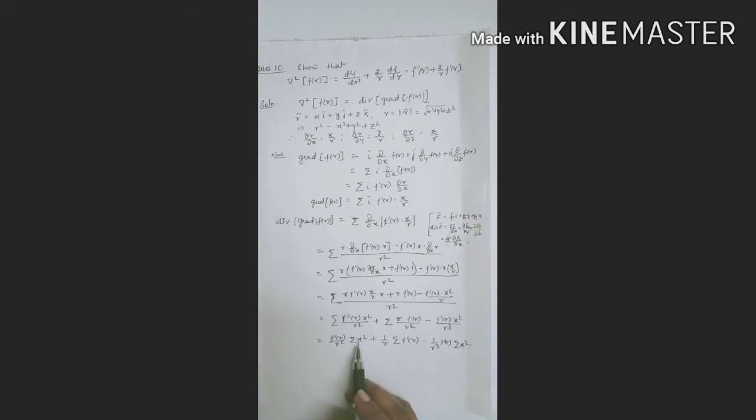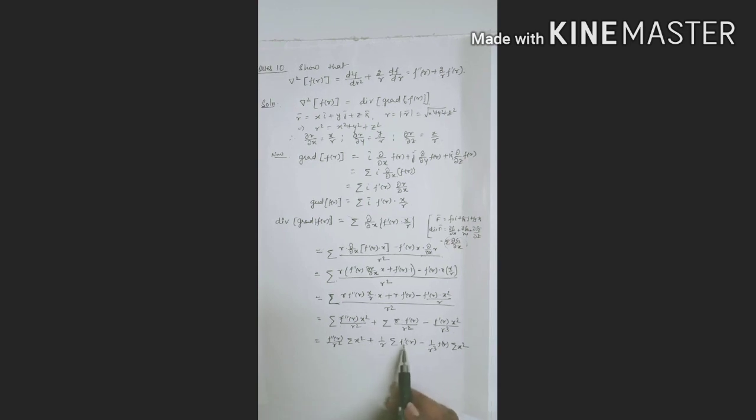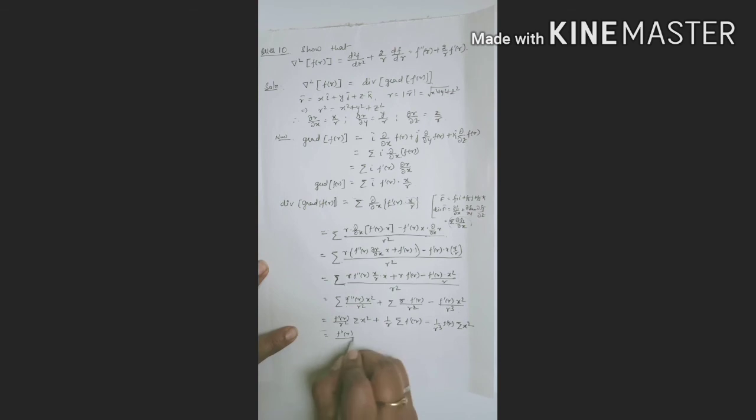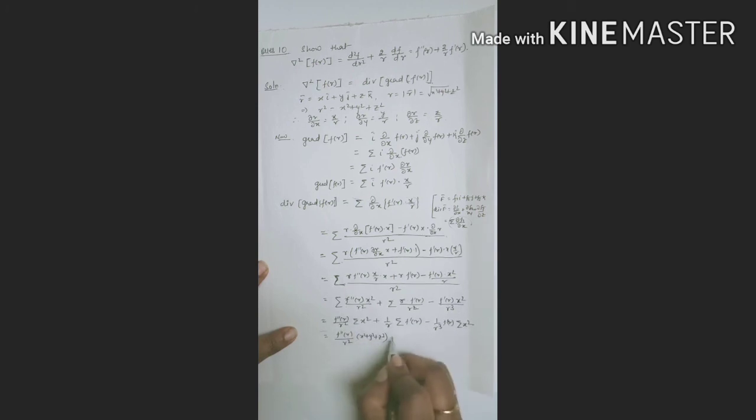So wherever x square is there, you have to duplicate it with y square and z square, and wherever there is a simple term, you have to repeat this term 3 times, right? So this is f double dash r over r square summation x square, means it will be x square plus y square plus z square if you remove the summation, plus 1 by r.